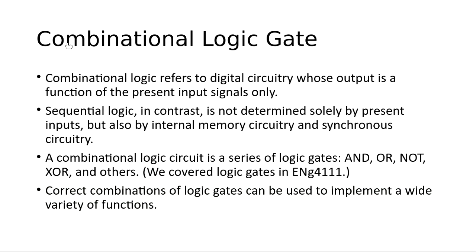While sequential logic, in contrast, is not determined solely by the present input, but also by internal memory circuits and synchronous circuitry. There is only a small difference between the sequential and combination logic circuits.